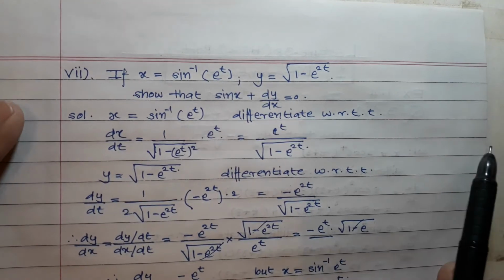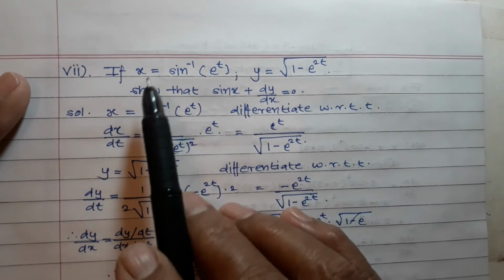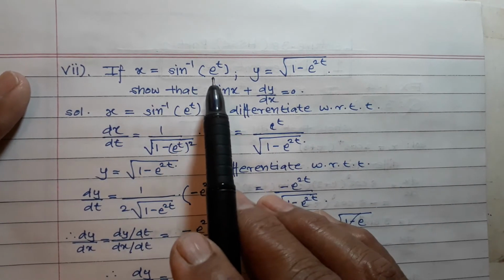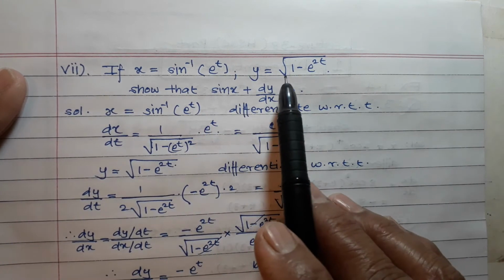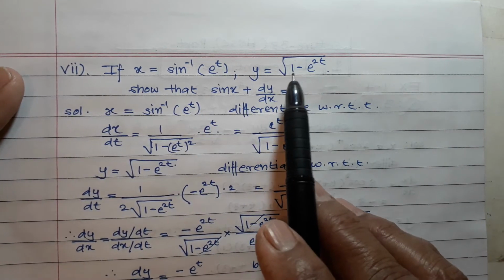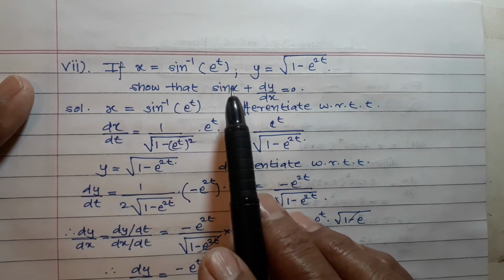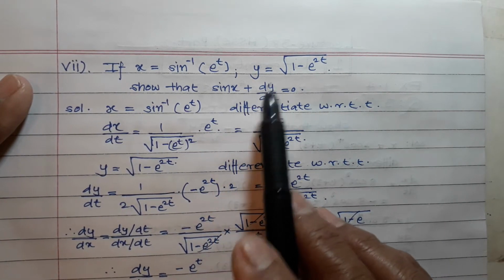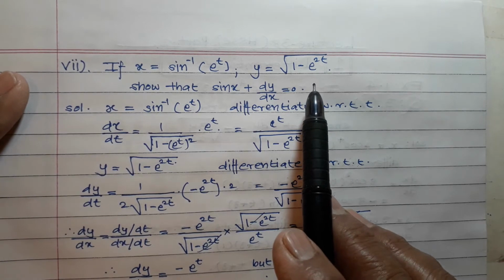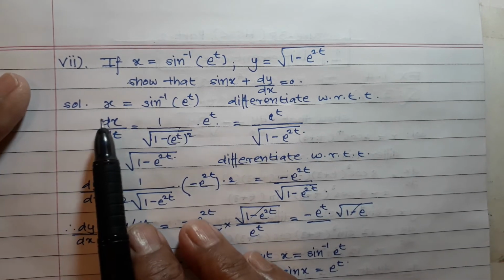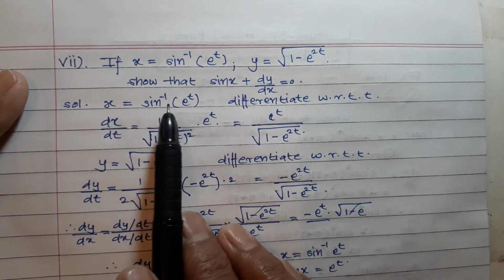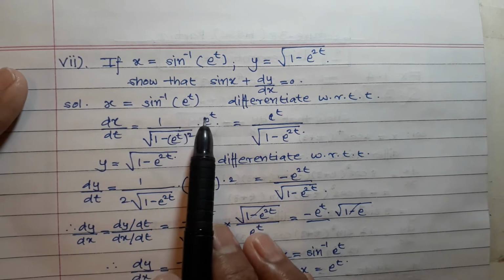Question number 7. If x is equal to sine inverse e^t, y is equal to root(1 minus e^(2t)), show that sin x plus dy/dx is equal to 0. Solution: x is equal to sine inverse e^t.